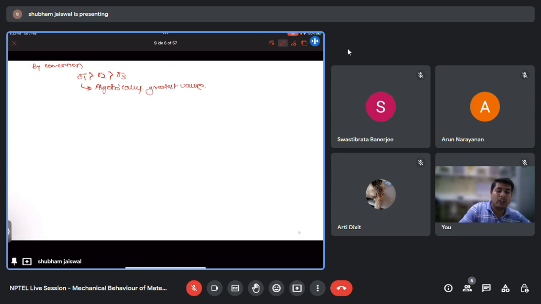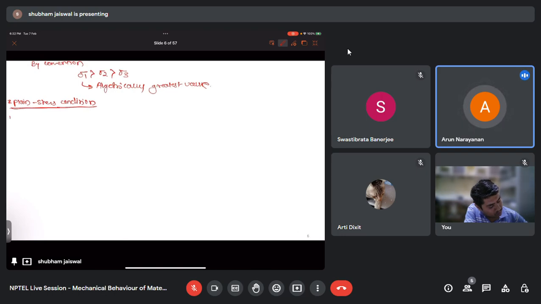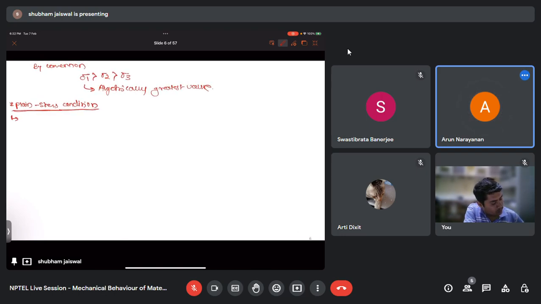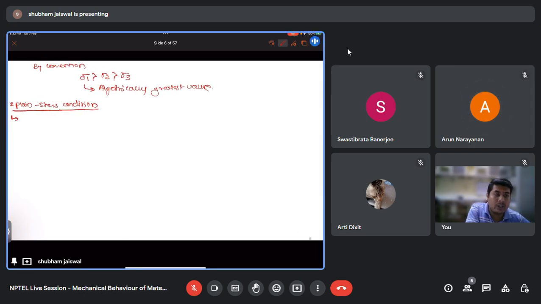Okay. Then we came across the concept of plane stress. So what is the plane stress condition? We take only x and y. Okay. And any other definition?